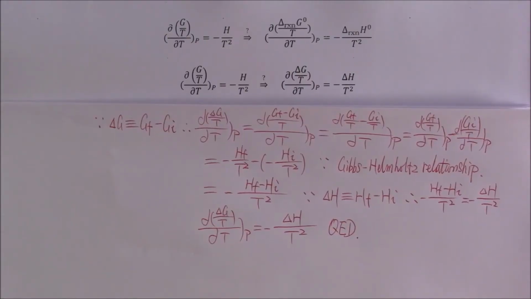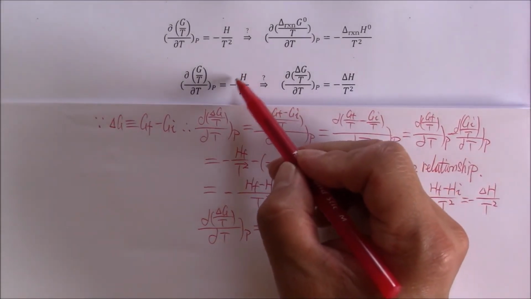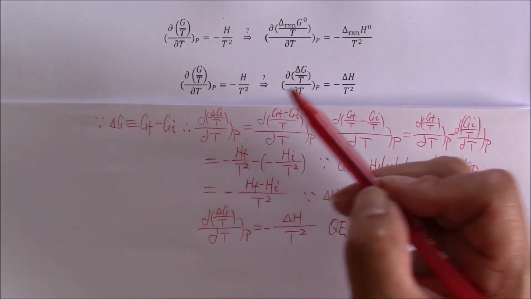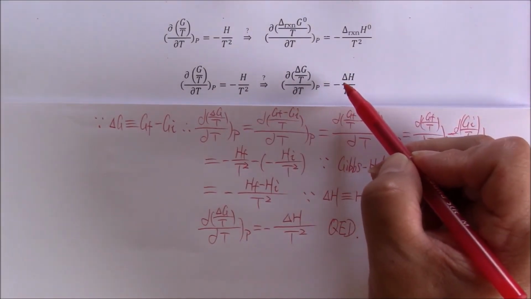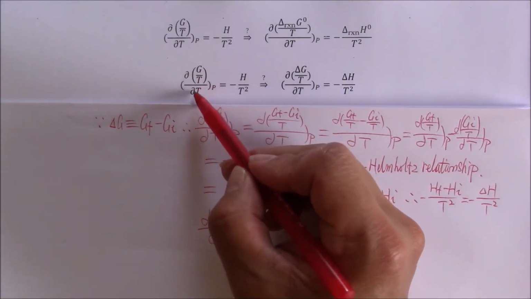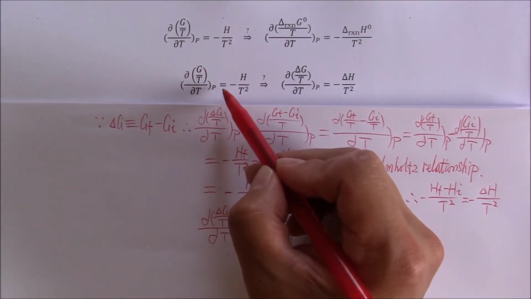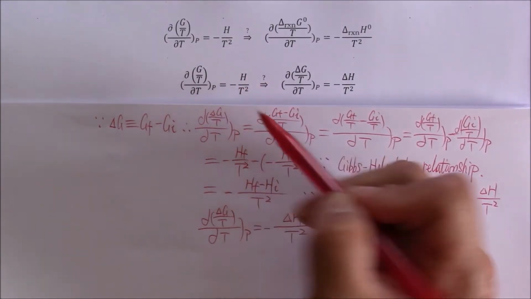Well, let me address the original question I asked. Some students may wonder if, without delta, this is true, is it always true with delta? Let me make up a story. Let's assume partial (G over T), partial T at constant P, equals negative H squared over T squared.